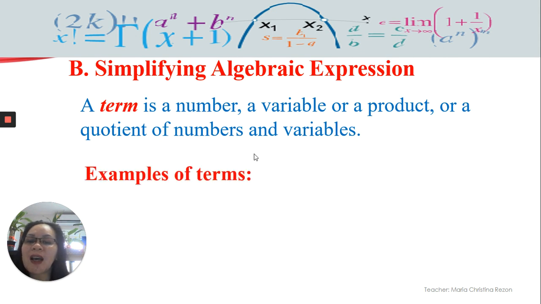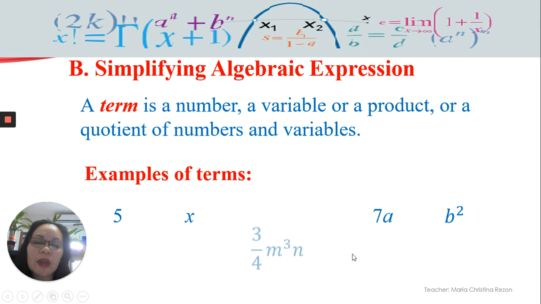Example of a term in algebraic expression, you can have just a number, or another way of saying it, a constant. You can have a variable. A variable can be any letter of the alphabet, and then you can have the product of a variable and a constant. So that is, you have 7a. You can also have b times b, which is b cubed, that is also a term.